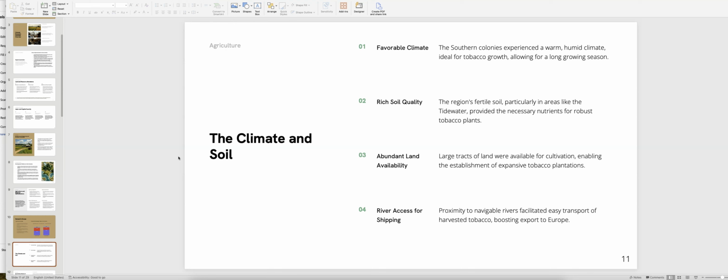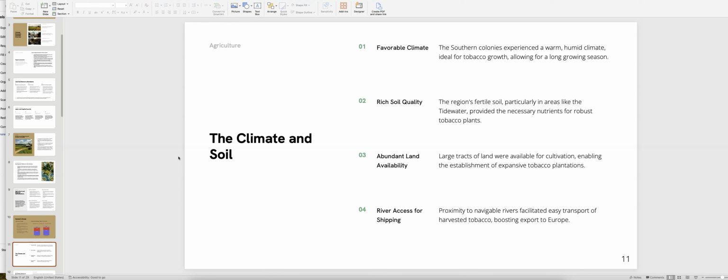The southern colonies, when they're growing tobacco, needed a really long season and really good soil. They had that, right? That's number one and number two. To grow tobacco, you need a rather long season and rich soil.